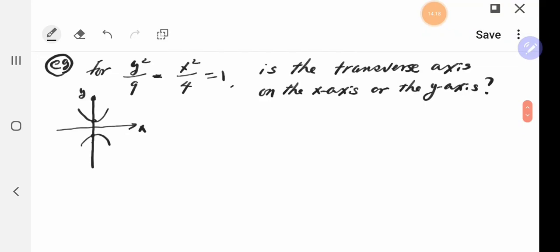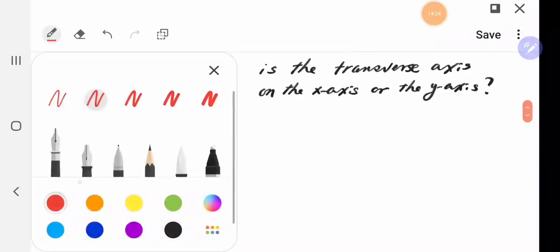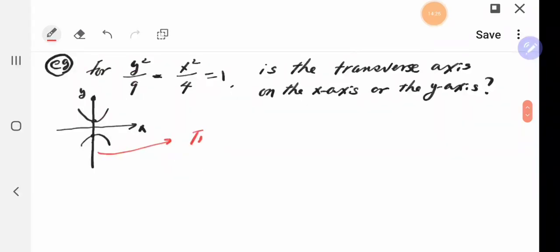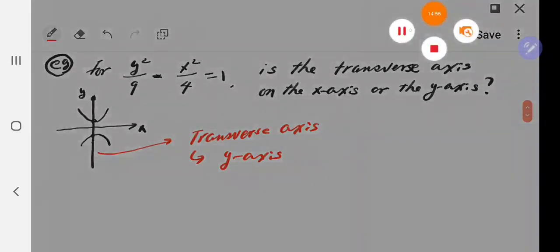So the y-axis is the transverse axis. The first term, y squared, is positive. If the positive part comes first, then that axis is the transverse axis. Since y squared comes first and then minus x squared, the y-axis is the transverse axis.